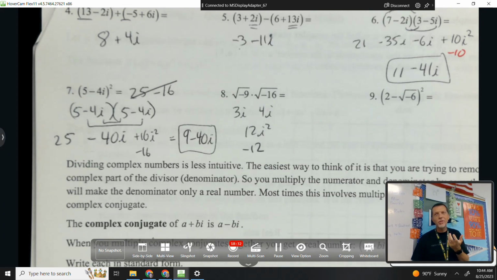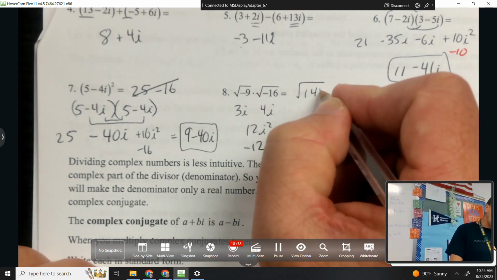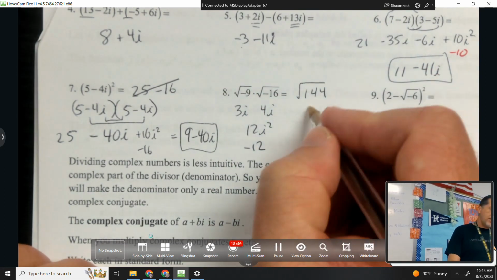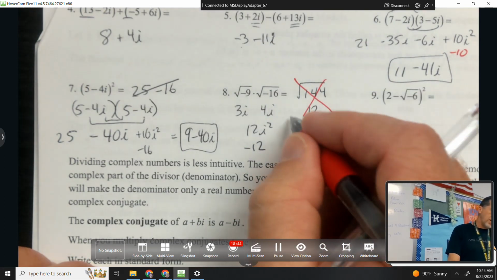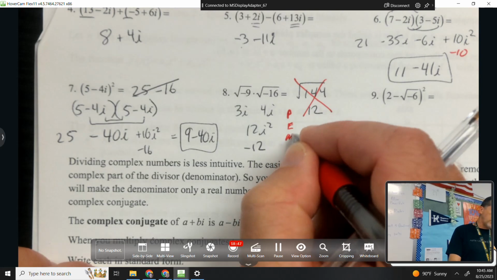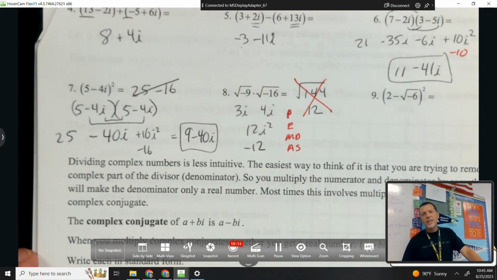As opposed to, if you multiply the insides of a square root, like we normally think we can, negative 9 times negative 16 is 144, and the square root of that is 12. But you've got to do exponents before you do multiplication. So that little trick gets us in trouble when negatives and i's are involved.